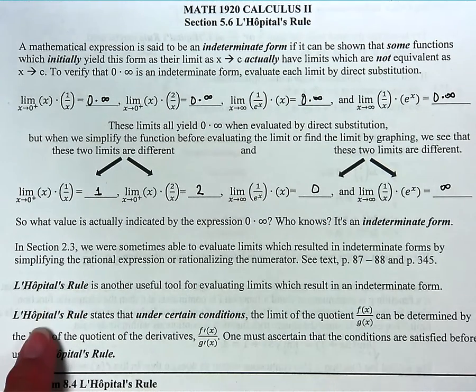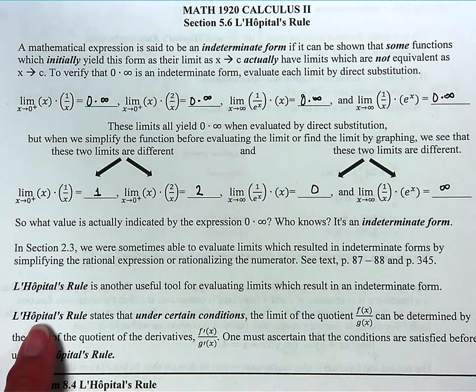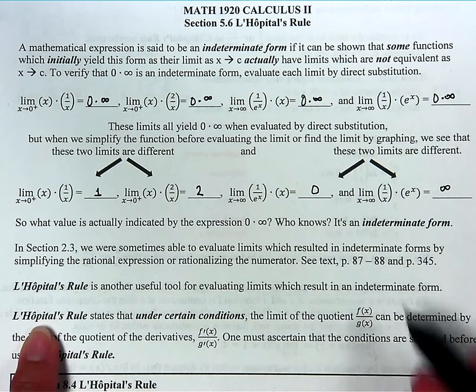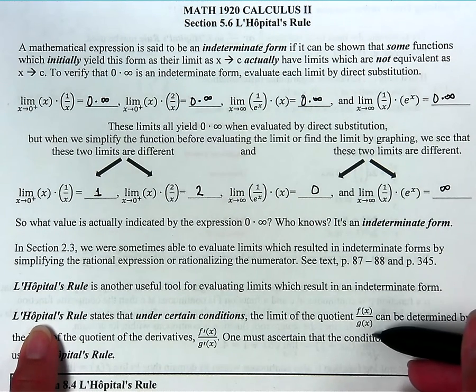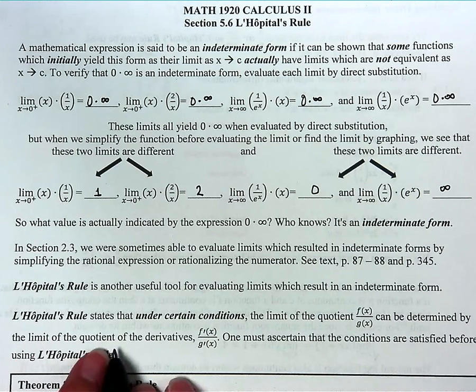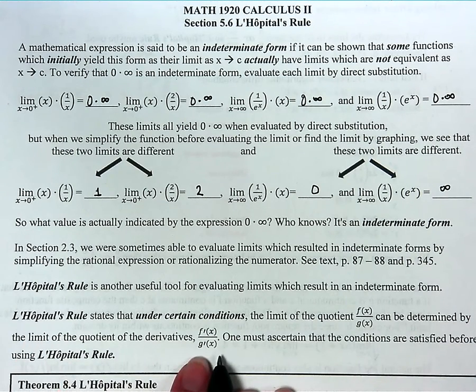L'Hopital's rule states that under certain conditions, and we have to verify the conditions, we can't just use L'Hopital's rule whenever we feel like it. We have to verify that the conditions are met. But when the conditions are met, then the limit of the quotient, the fraction, f of x over g of x, can be determined by finding the limit of the quotient of the derivatives.